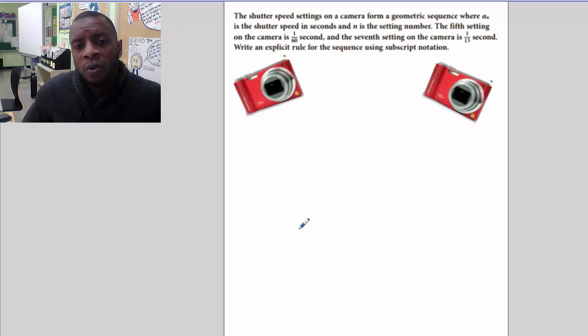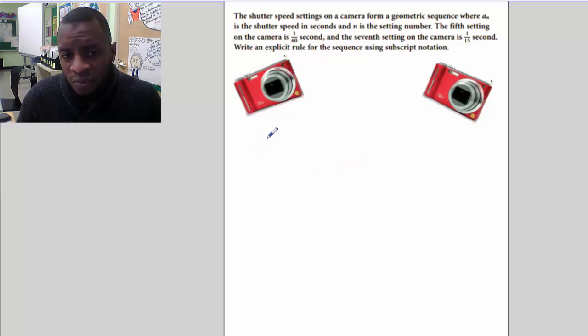All right, so let's take a look at an example where they give us certain terms in the sequence, and we must find an explicit function from that. So we have the shutter speed settings on a camera form a geometric sequence where a of n is the shutter speed in seconds and n is the setting number. Okay, so just from that, let's set up our chart.